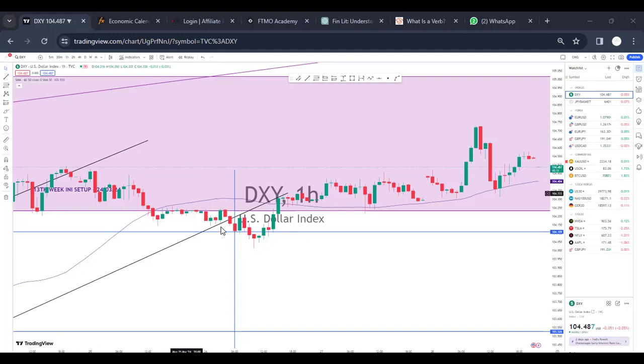This fair value gap is a bearish one, where price gets there, and when it falls below, I'm expecting price to move down for a number of weeks or so. And if it moves, or better still gaps up, above this fair value gap, then I'm expecting price to continue rallying.